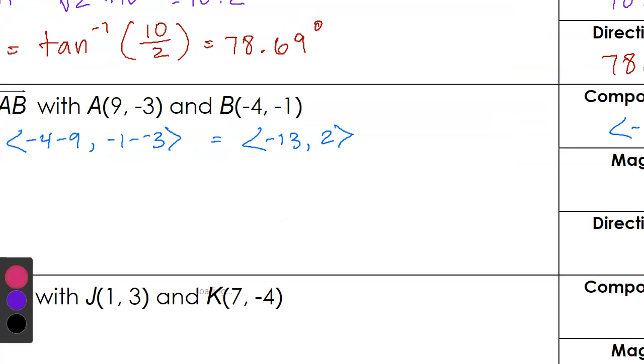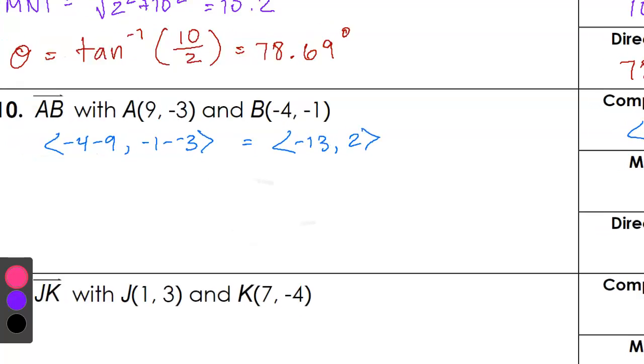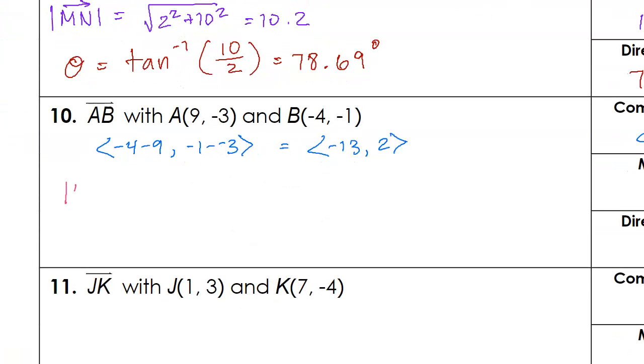To find the magnitude of AB, we square root the A term squared plus the B term squared. And I already know this answer because I did it before, it is 13.15.